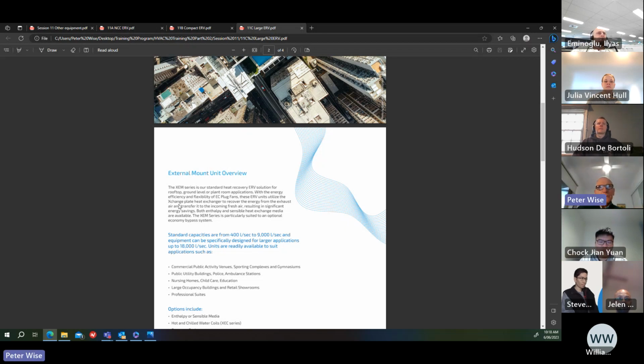You finish up with a very large unit because depending on the capacity of the unit, they can be very, very large, like 3 meters diameter, something like that, and they rotate. So heat is taken out of the return air on one side, and as the wheel rotates, it's transferred into the incoming outside airstream.